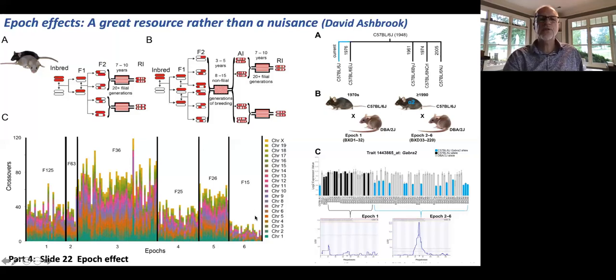And then there's some strains here that we're making now. We haven't finished making them, so we don't really have a good tally of the total number of crossovers per animal, but we expect it to be, for a conventional F2-derived RI, about 40 recombinations. For these AIs, it can be at least twice that.